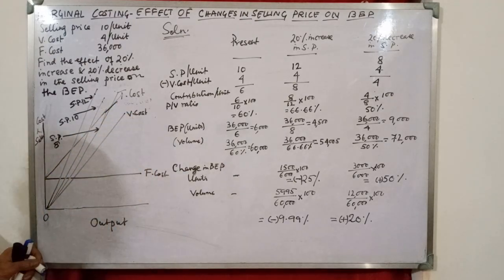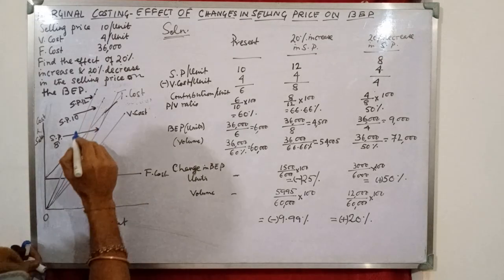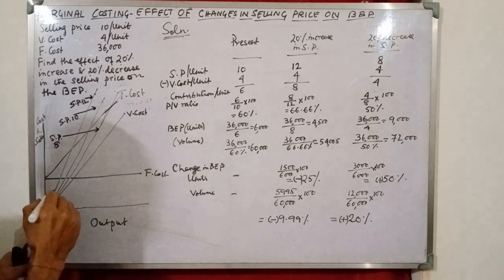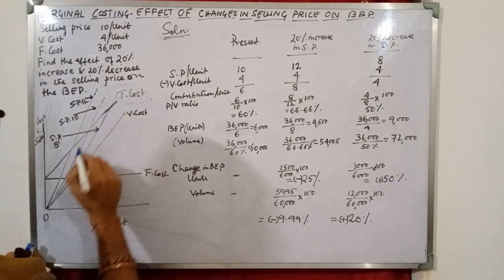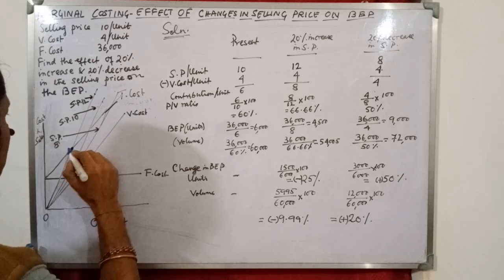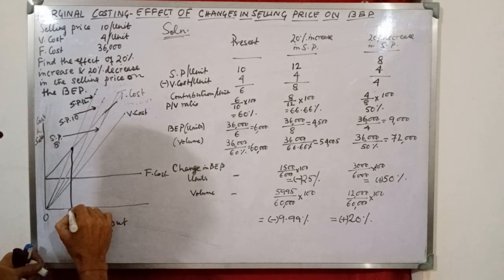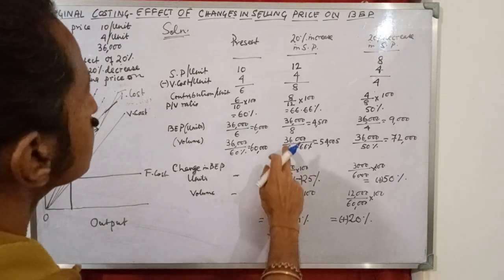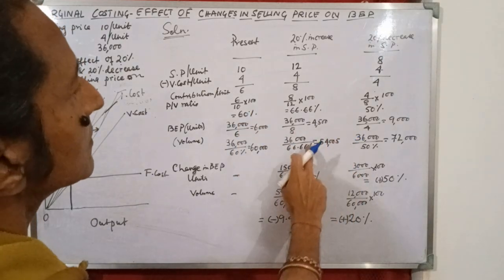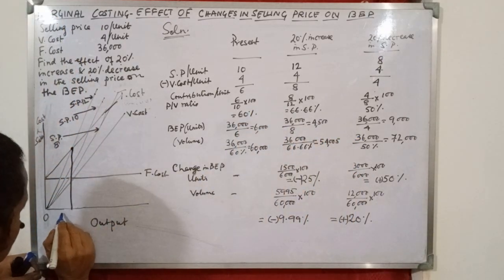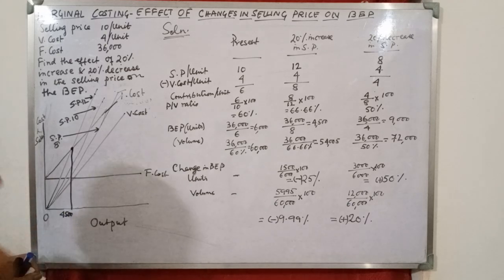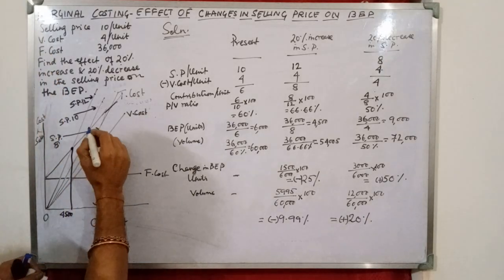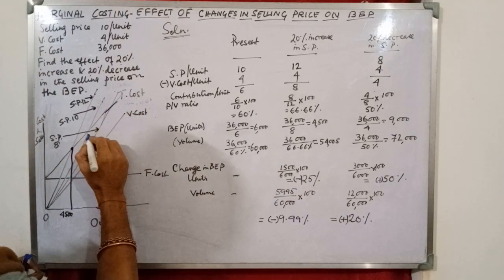You see, when the selling price is 12, the sales line and the total cost line intersect at this point. So this is the BP in units, and we have found it as 4,500. So this is 4,500. When the selling price is 10 per unit, then the sales line and total cost line intersect at this point.